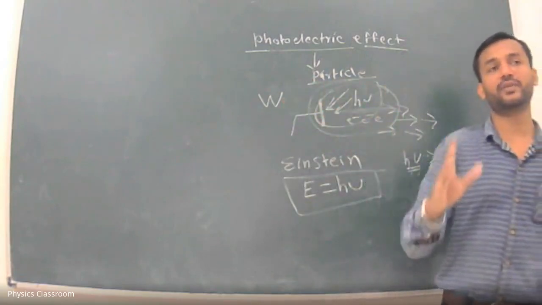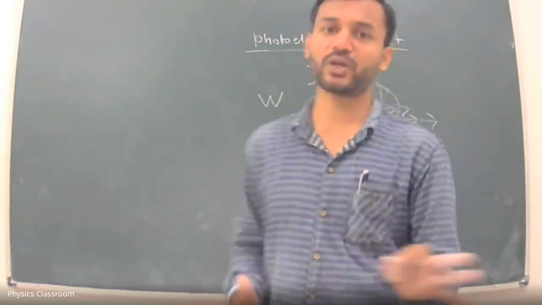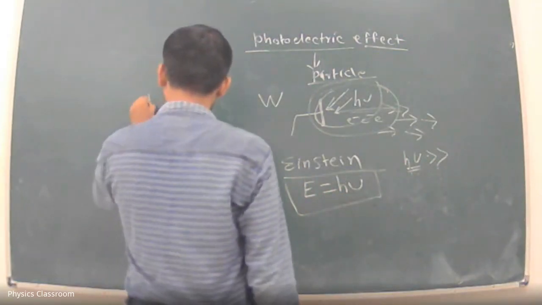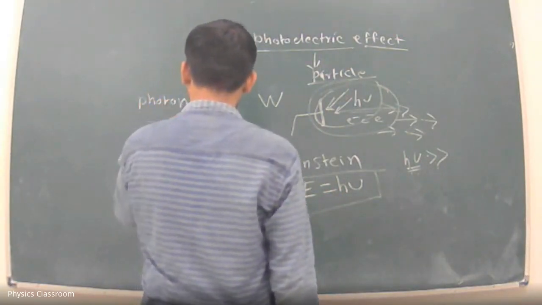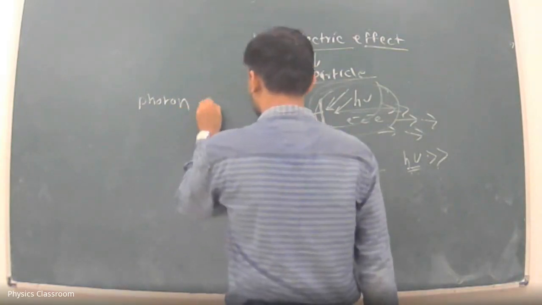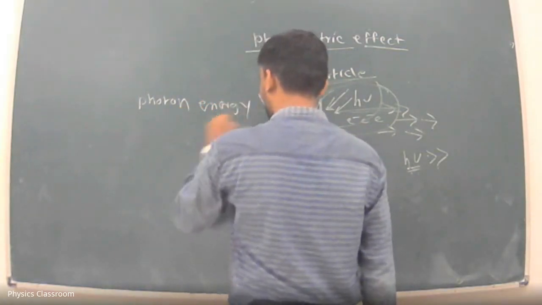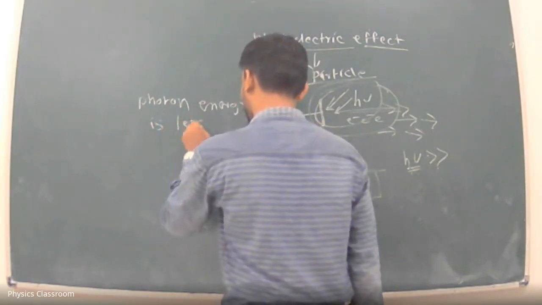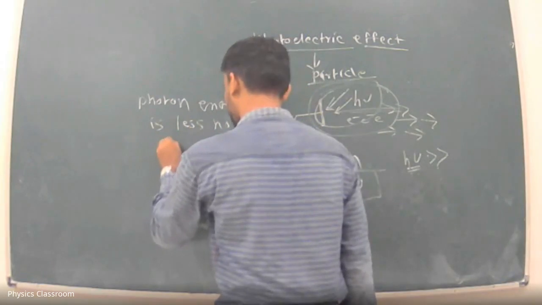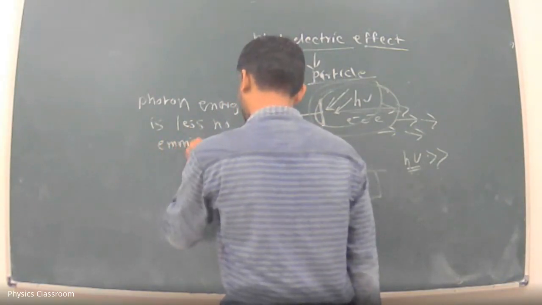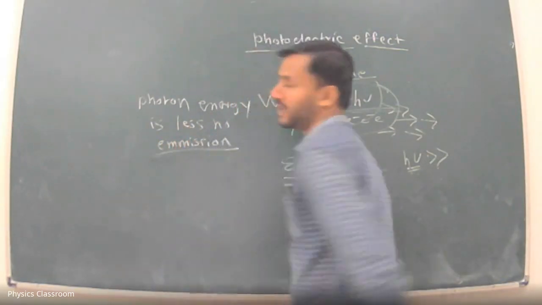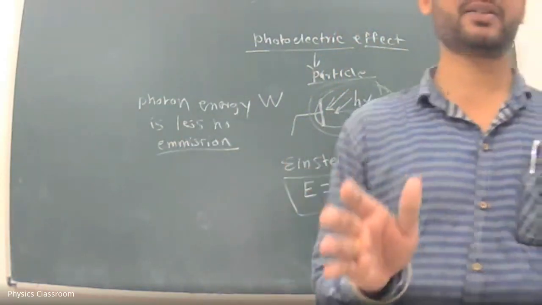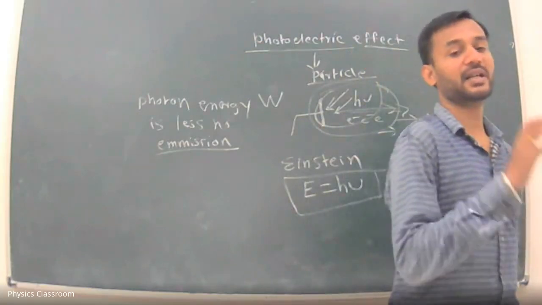If the photon has less energy, no emission takes place. Emission of electrons cannot take place when the radiation energy is less.